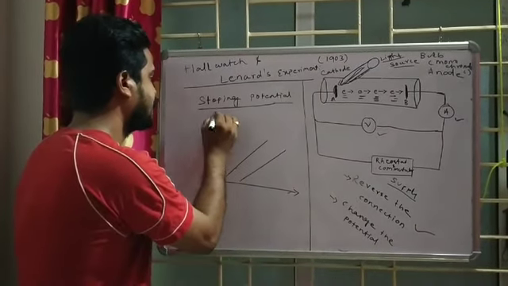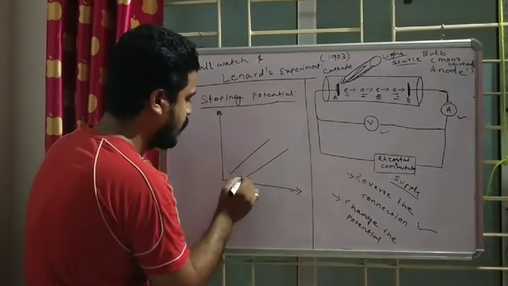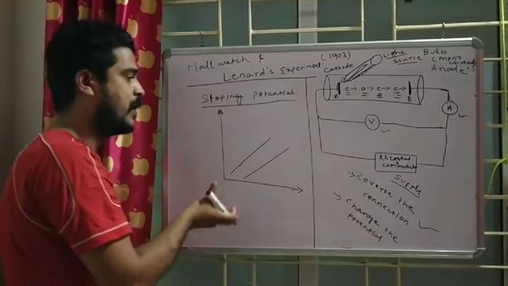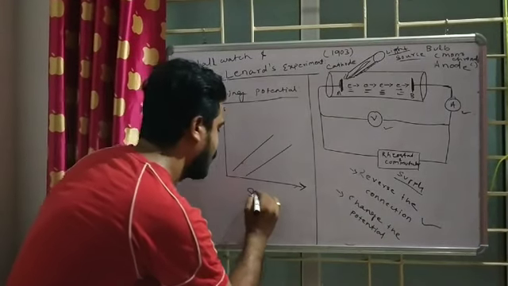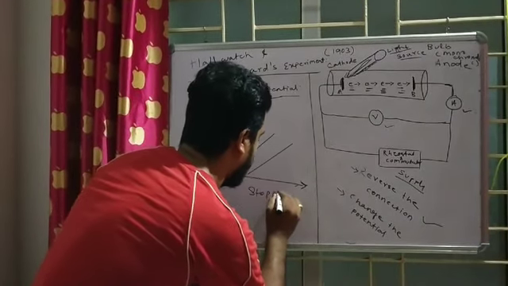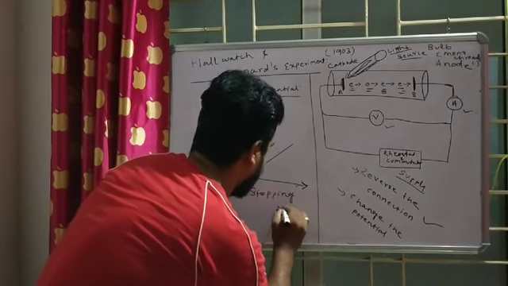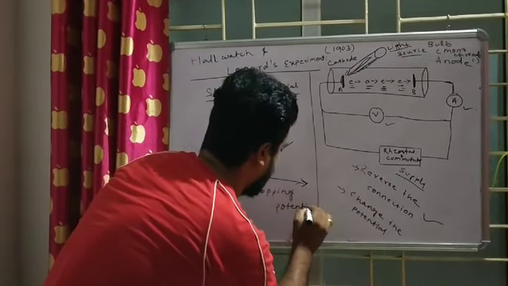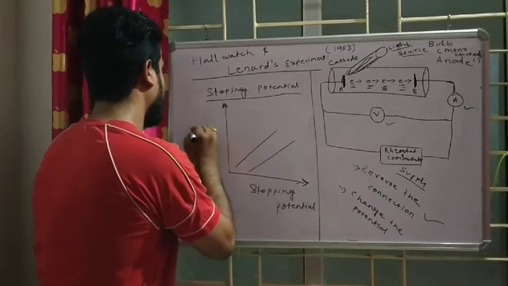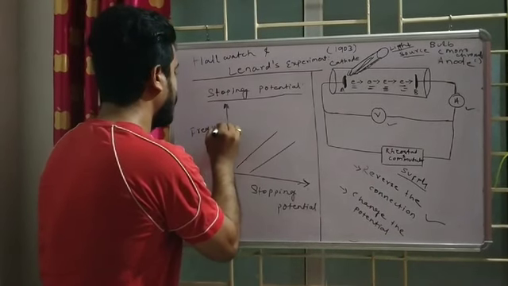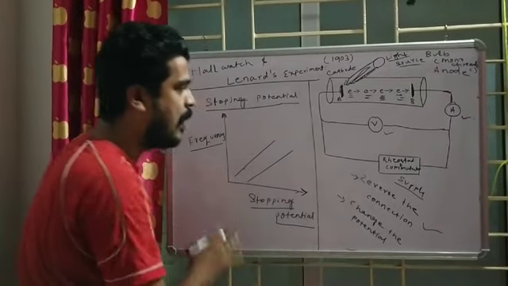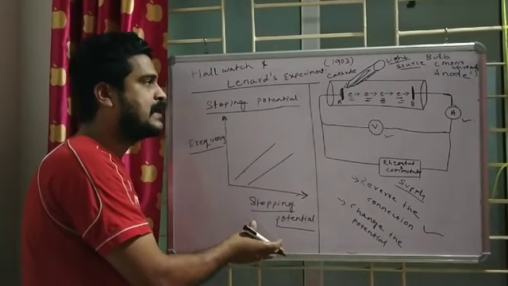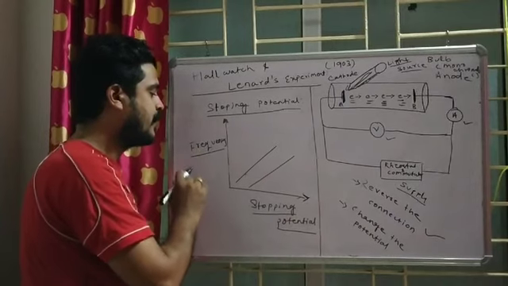Okay, so for the second observation, they also got a graph like this: stopping potential on one axis, and here frequency. That means you have to draw the graph between frequency versus stopping potential, showing how the stopping potential varies according to the frequency.